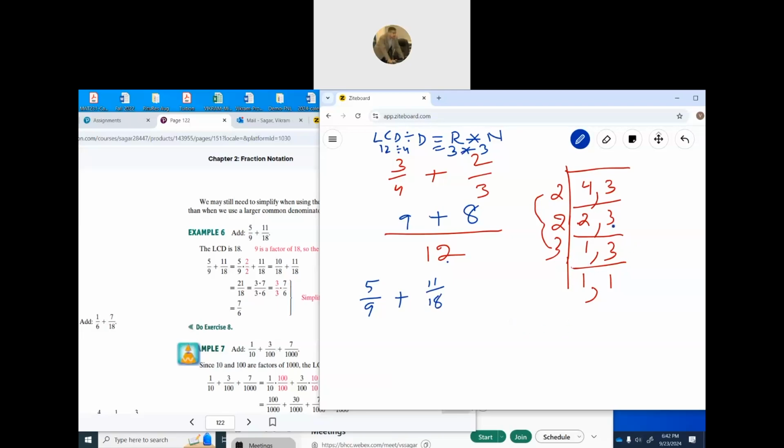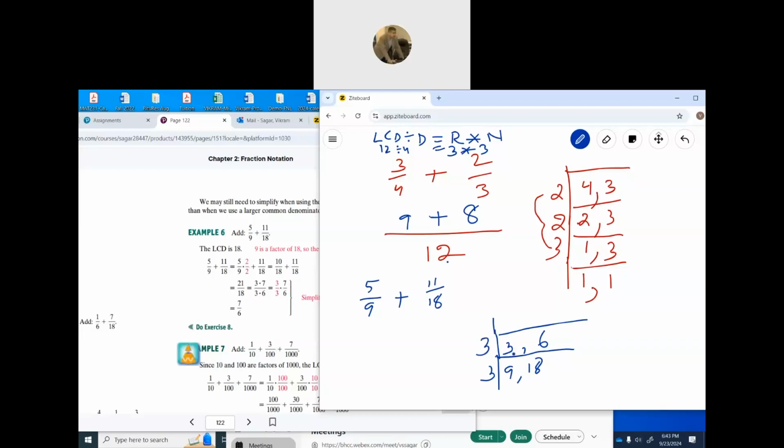But your book, we learned this way, but your book is saying, okay, 9, 18, and then they're doing it like this. Start with the smallest prime number. Which number will work here, please? 3, right? So 9 divided by 3 is 3, right? 18 divided by 3 is 6. Faith, are you with me? I'm writing everything down. Yes, I'm here. Okay.